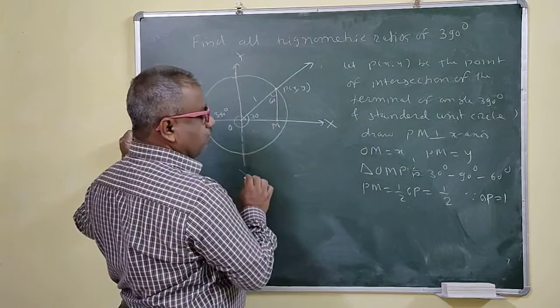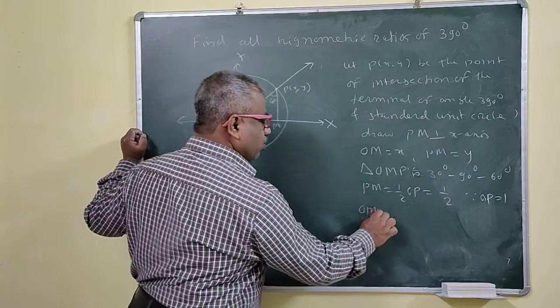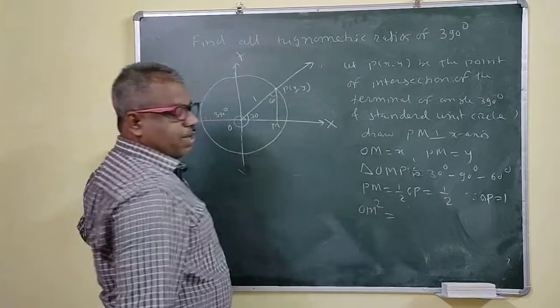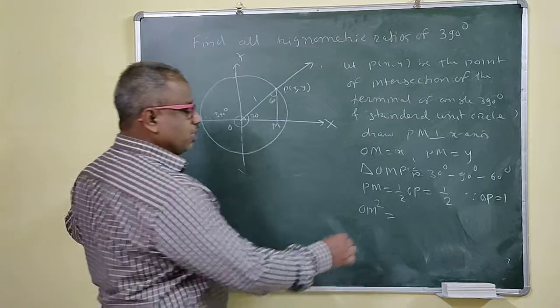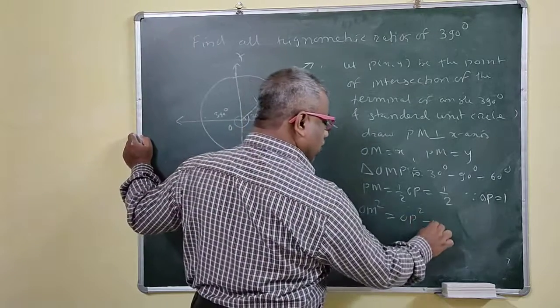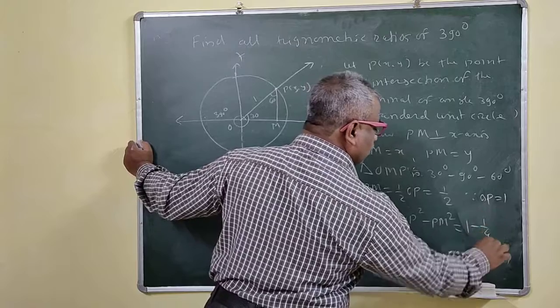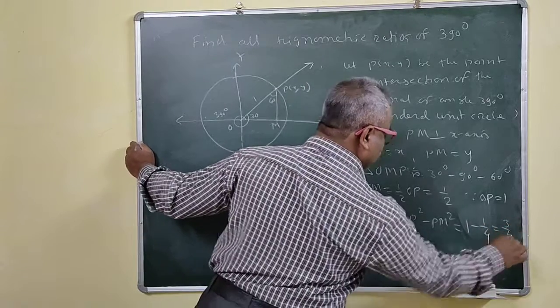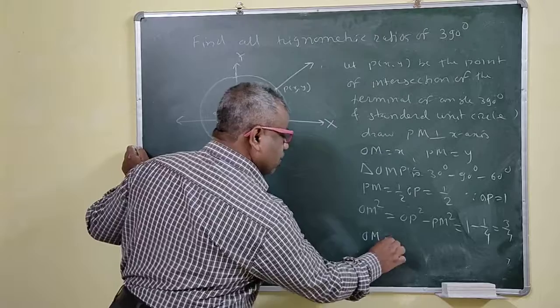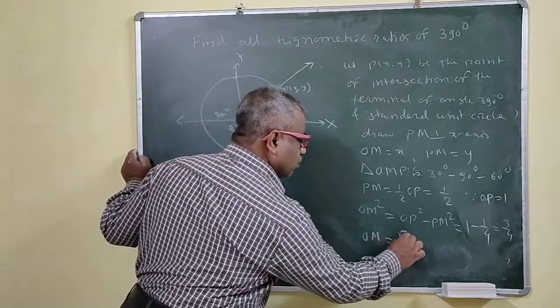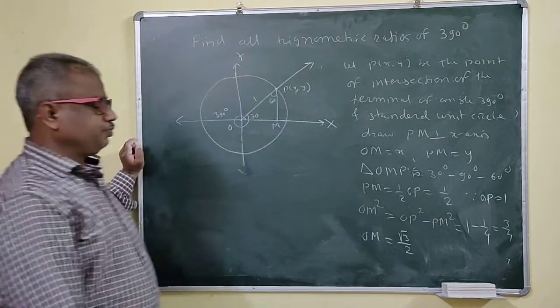We want OM now. So OM we can find with the help of Pythagoras theorem. This is OP square minus PM square. So this is 1 minus 1 by 4. So this is 3 by 4. So OM is distance, so we take only the positive root. So this is root 3 by 2.